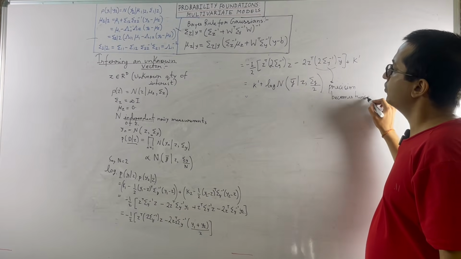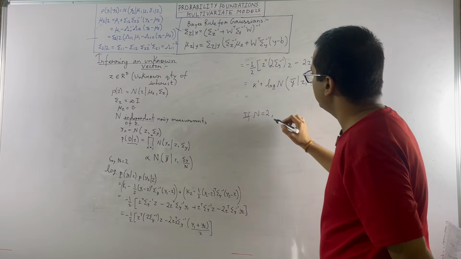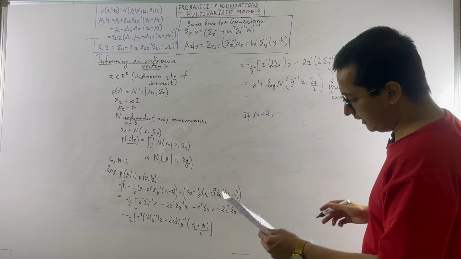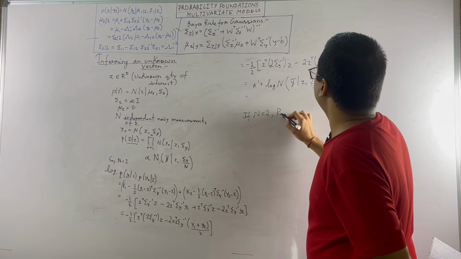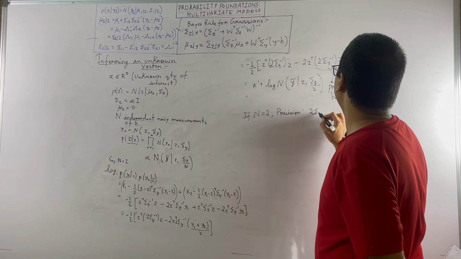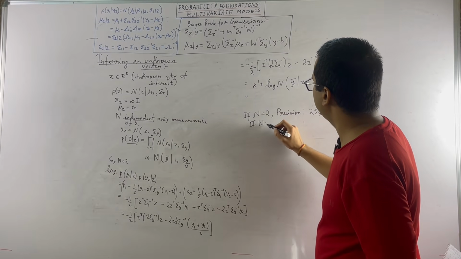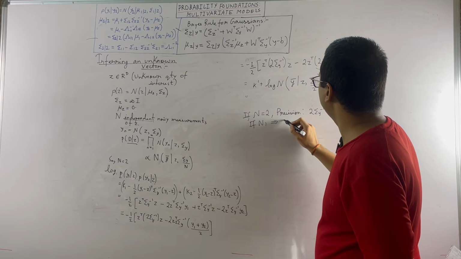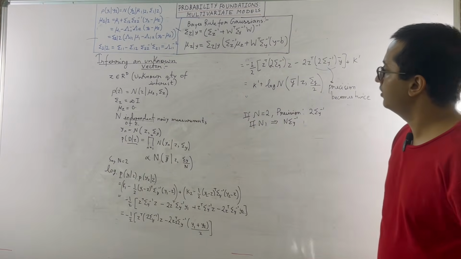So if n is 2, the precision became 2 sigma y inverse. If we take general n, then the precision would be n sigma y inverse, n times the precision.